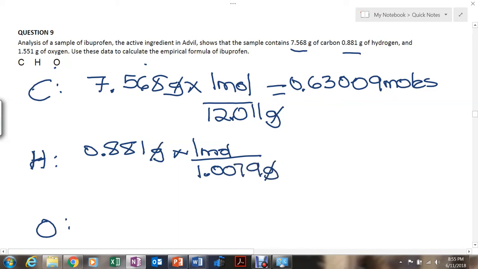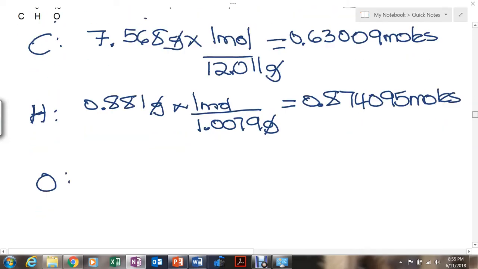The grams cancel out, and that gives me 0.87409 moles. I did these calculations ahead of time, that's why I started several hours later.